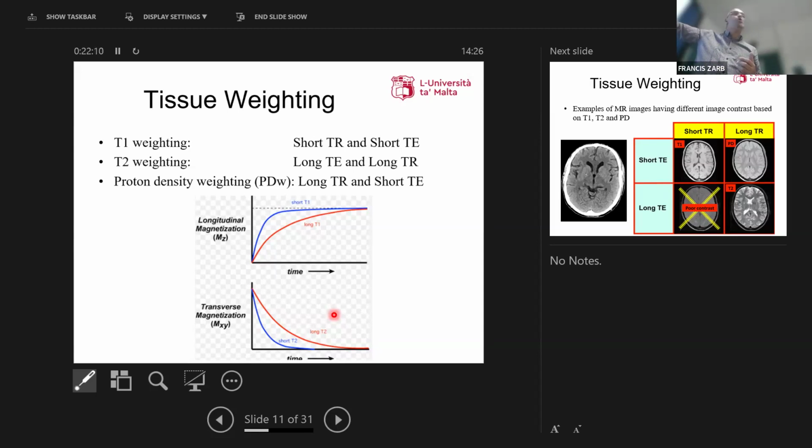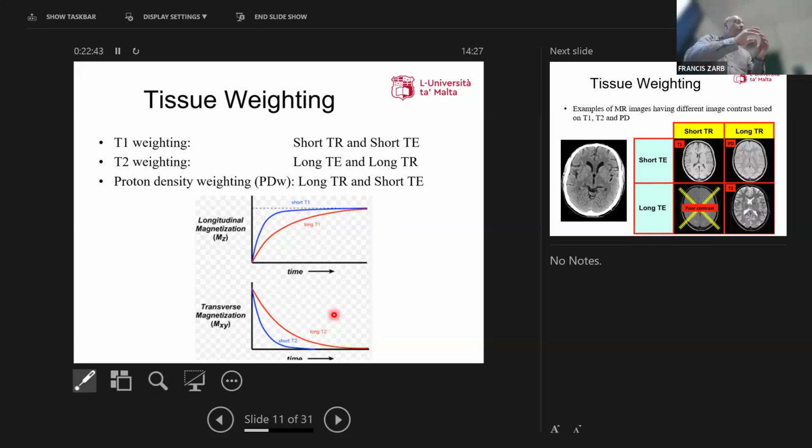So a rather short TR and an even shorter TE. With a short TE, I would still have a signal coming from T2, but no difference in that signal because with a short TE, they would have the same signal intensity. So any variations in signal will not be based on T2, but will be based on T1.